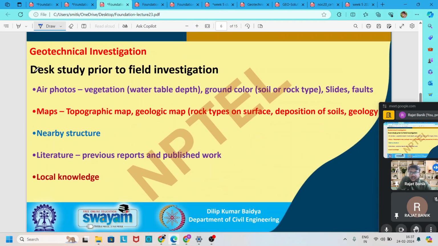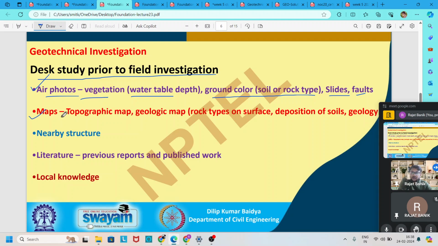Then, after site recognition, they go for a detailed desk study prior to the field investigation. In this, they examine the air photos of vegetation, water depth, and also the ground color of soil, rock, and types, slides, and faults.